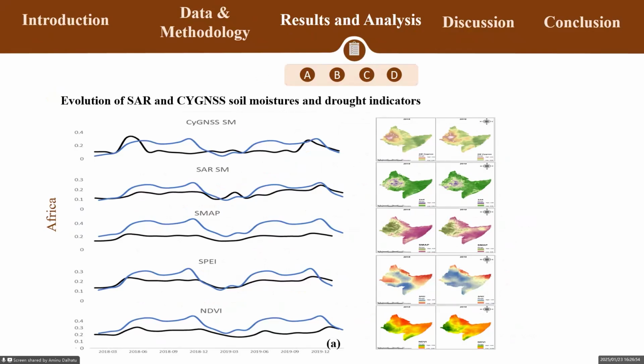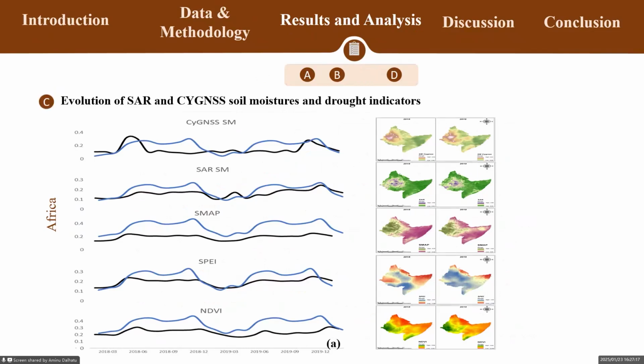Well, if we take a look at the spatial distribution, we can see that our soil moisture sources, especially SiteGNSS and SAR, can be a useful tool to detect short period drought.